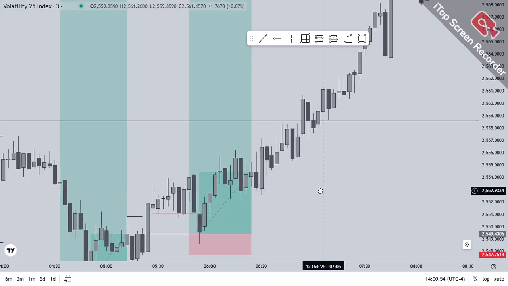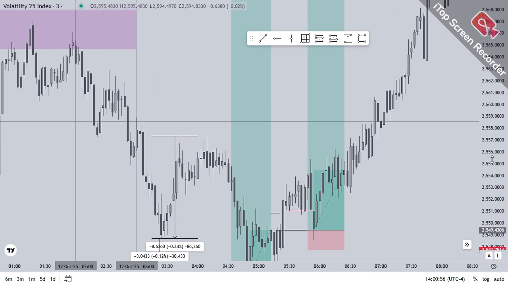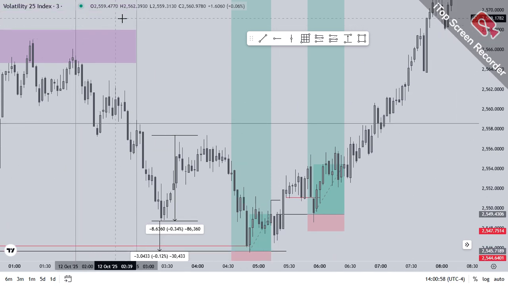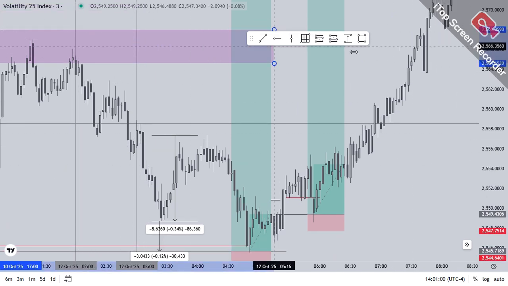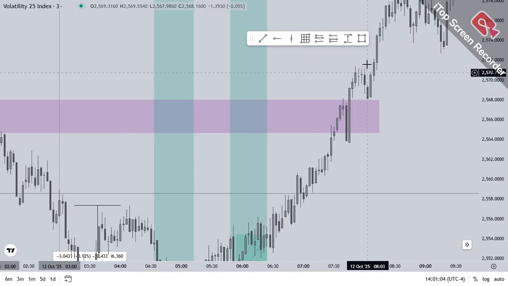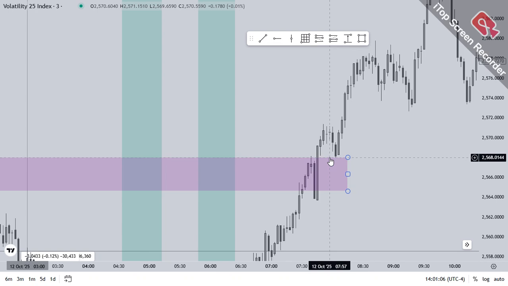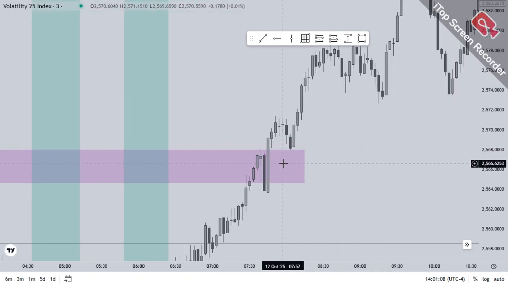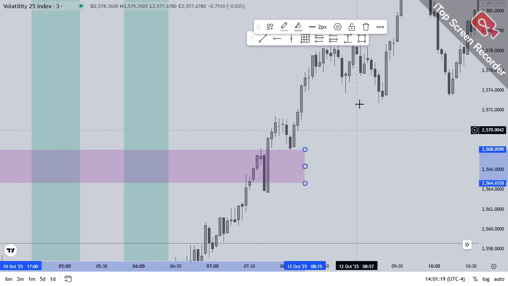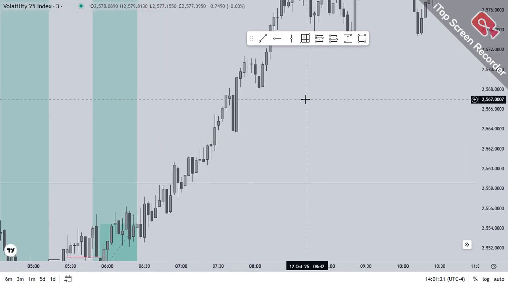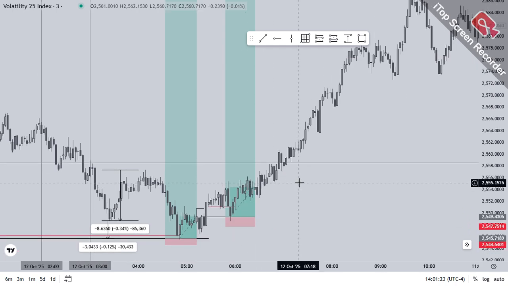I think I saw that particular entry. I missed this one, this particular entry here, because this pullback did not get to this A-shaped level, right? So I missed it. I missed that particular one.